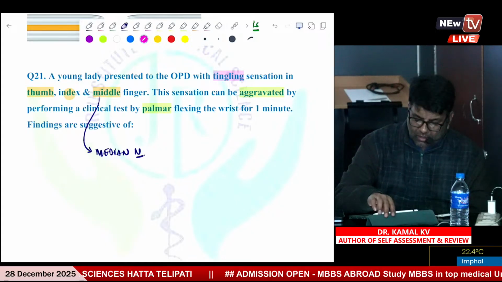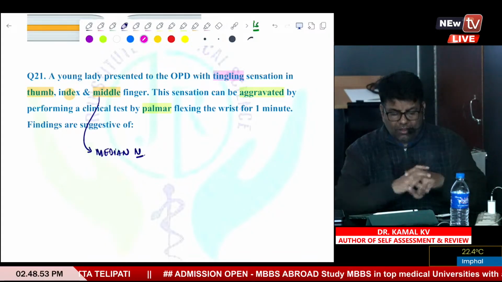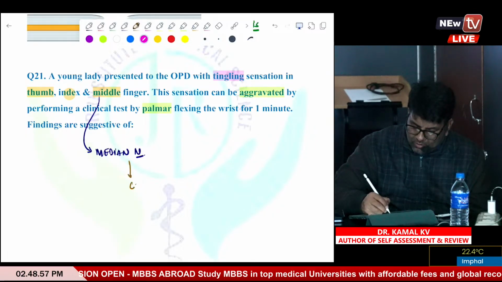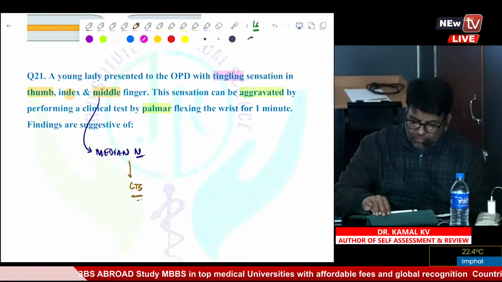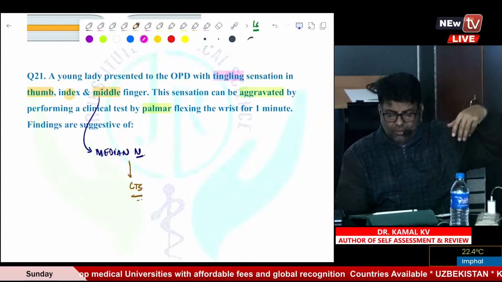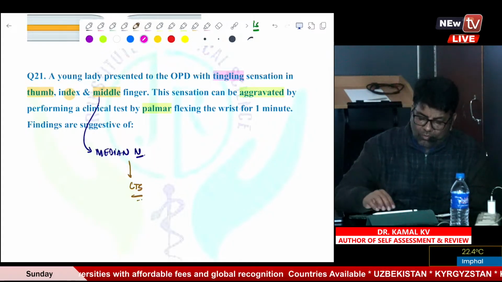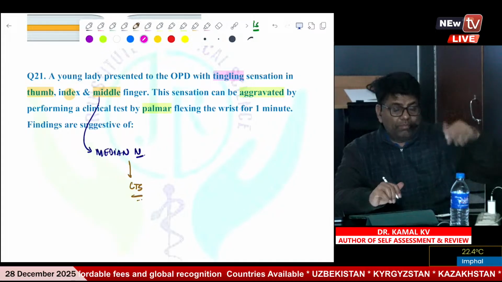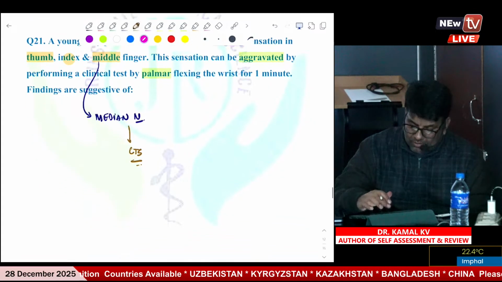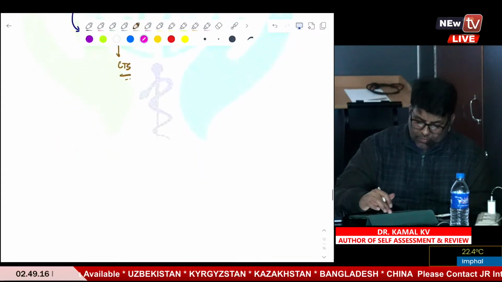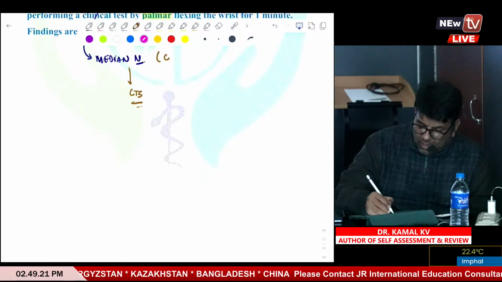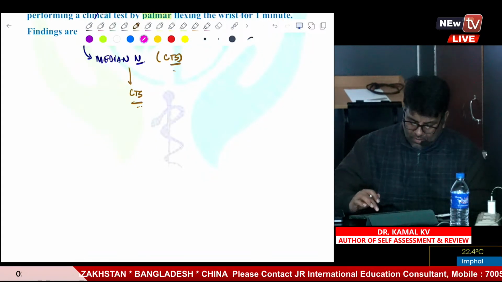And if there are compression neuropathy signs of the median nerve, usually the condition is carpal tunnel syndrome. We can aggravate this compression further by doing palmar flexion of the wrist for around 1 minute, and the patient will say that my complaints are getting more and more severe. So this is carpal tunnel syndrome, compression neuropathy of the median nerve.